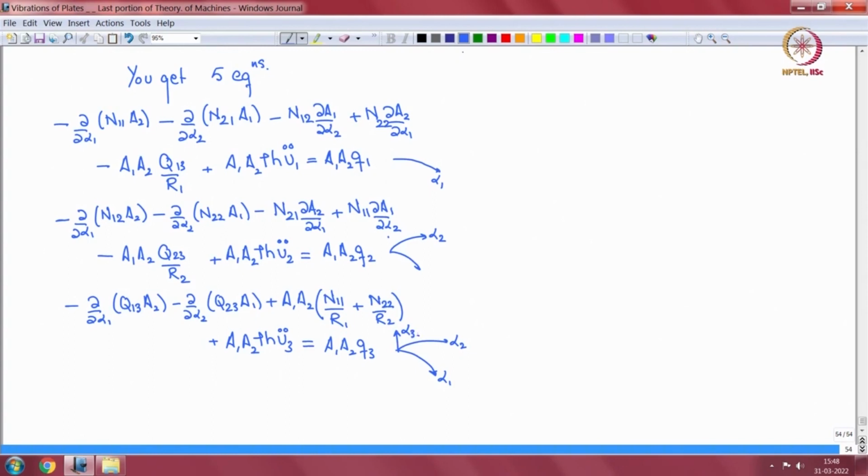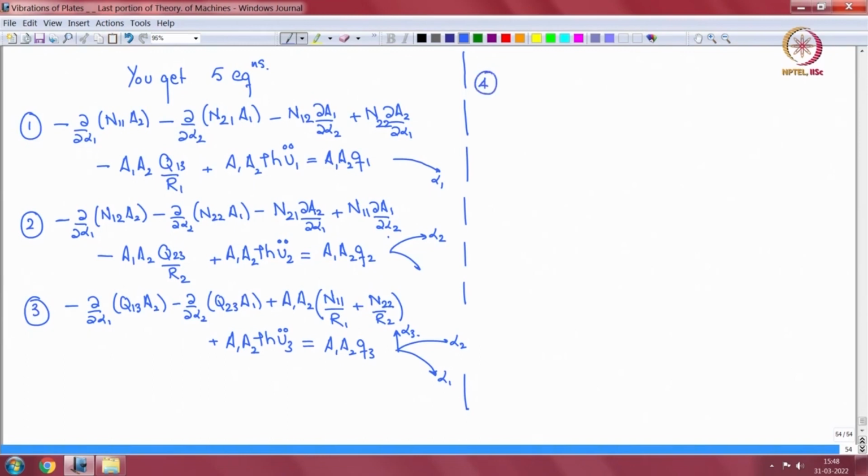The other two are moment equations, and they end up as equilibrium equations because we have ignored rotational inertia. So the last two, so let's see, this is 1, this is 2, this is 3.